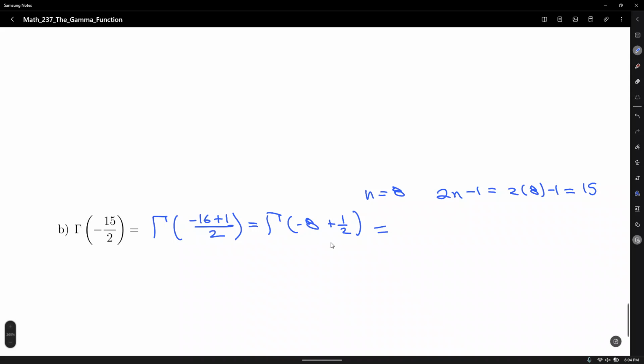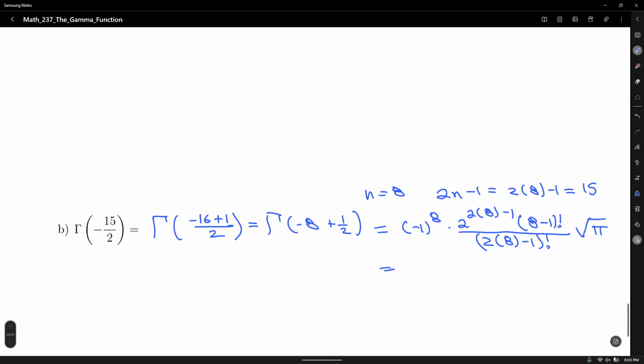And again, I'm going to go straight to the formula rather than the crazy product. In this case, the formula would be negative 1 to the n, which is negative 1 to the 8, times 2 to the 2n, which is 8 minus 1, times n minus 1 factorial, which is 8 minus 1 factorial, divided by 2n minus 1 factorial, which is 2 times 8 minus 1 factorial, square root of pi.